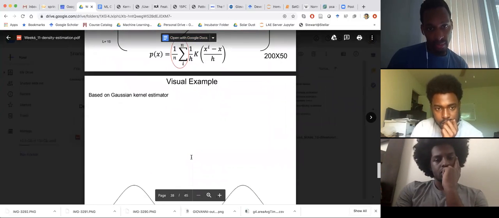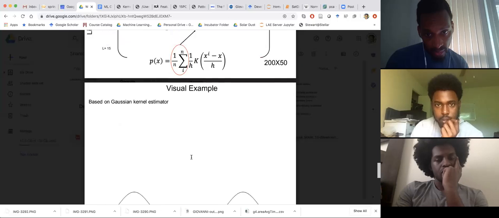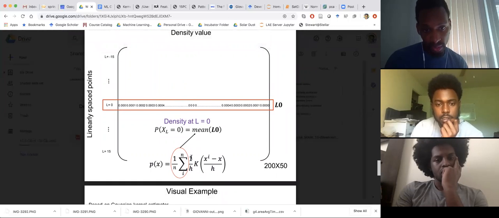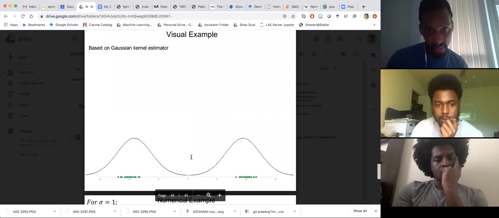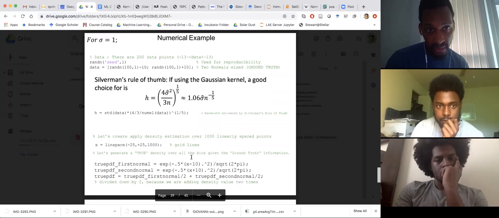Okay. So based on the Gaussian kernel estimator, once we do it all, we end up with this. Makes sense. And then they have MATLAB code that does this.